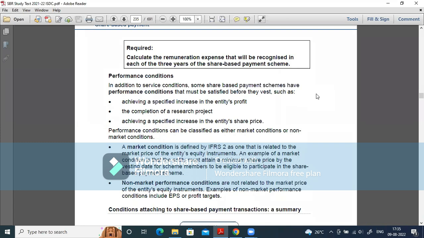Okay. So next, in these vesting conditions, there will be performance-based conditions also. Now let's try to understand what these performance-based conditions are.